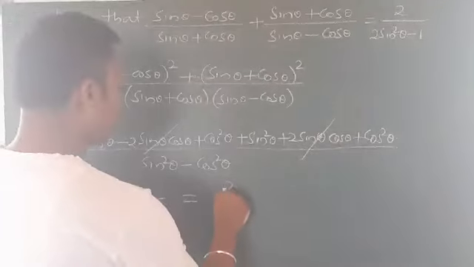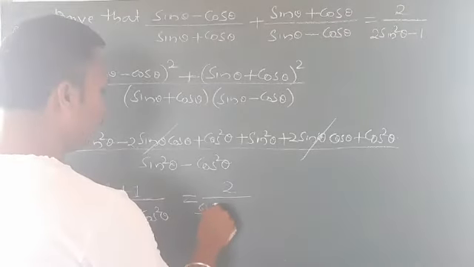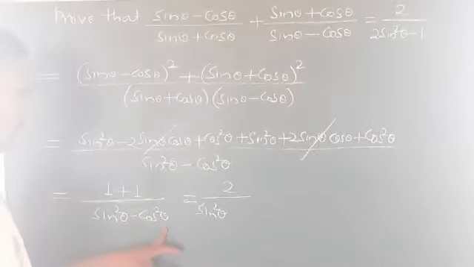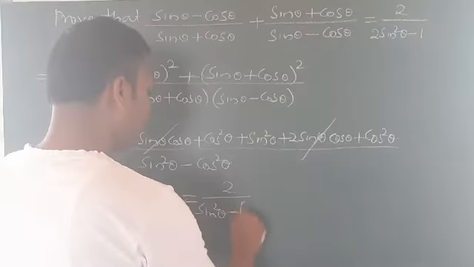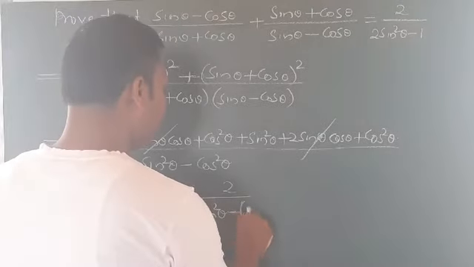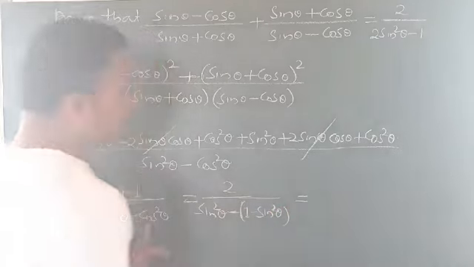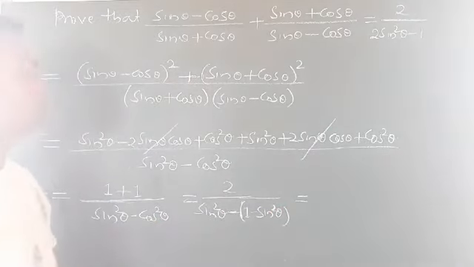So this equals, let me write here, 2 by sin square theta minus cos square theta. Now we need to prove 2 sin square theta minus 1. Sin square theta you can keep as it is, and cos square theta you can apply the identity, so minus as it is into the bracket, cos square is nothing but 1 minus sin square theta.